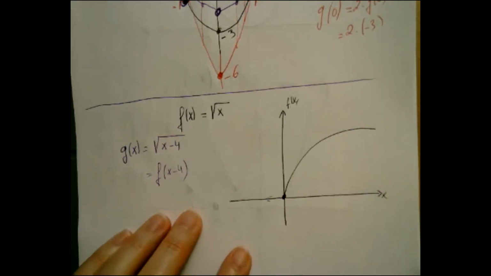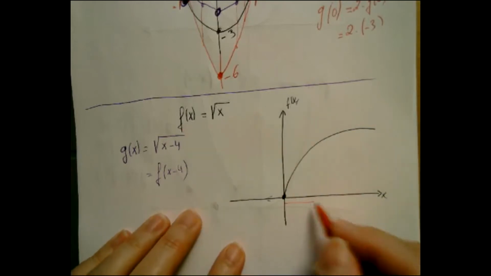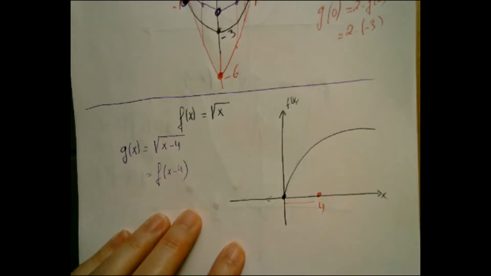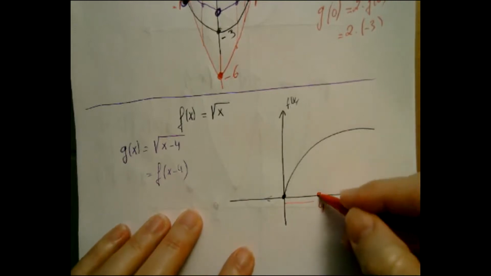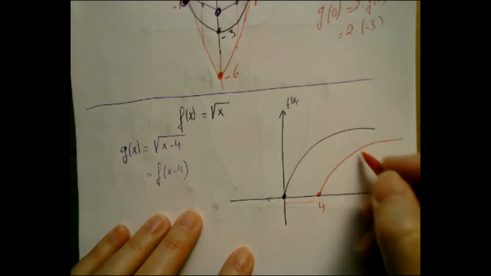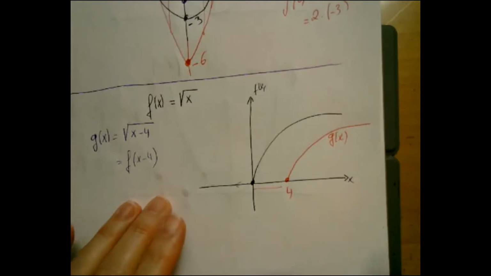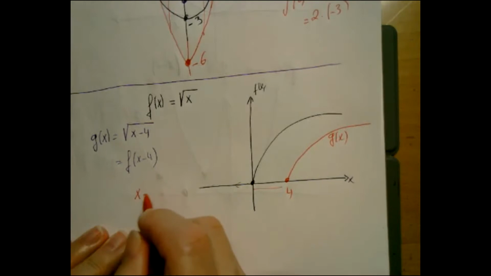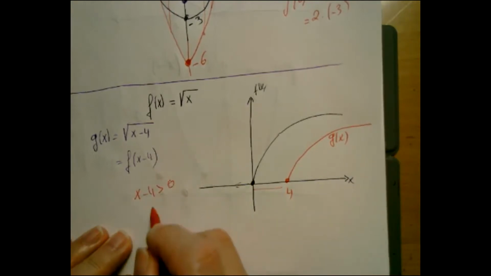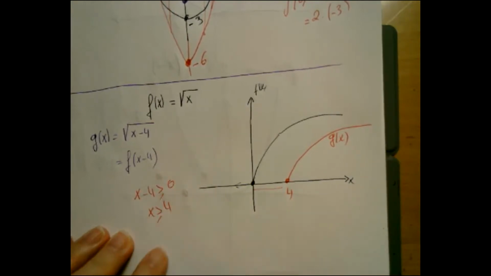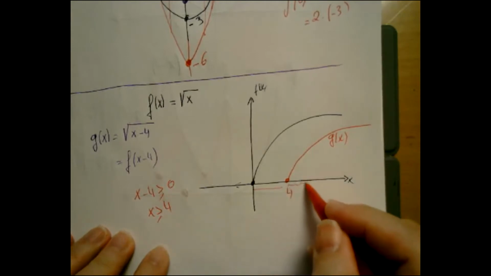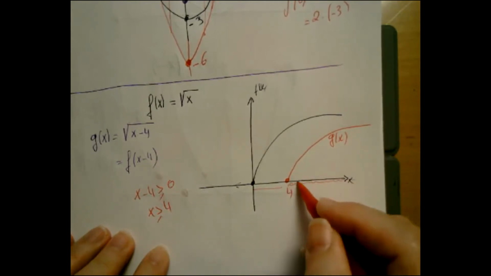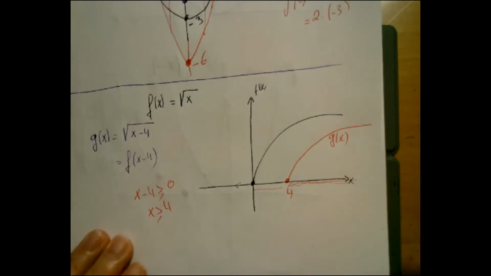We take the graph of f, and since I put a minus 4, we shift it by 4. We start right there and shift it by 4. So that's the graph of my g of x. And it makes sense in terms of the domain, because for my new function we need x minus 4 positive, which means x bigger or equal to 4. So the domain fits, because the function makes sense only for x bigger than or equal to 4.